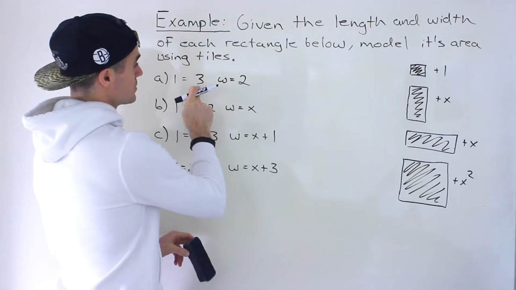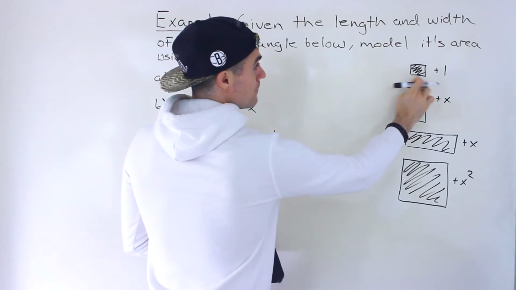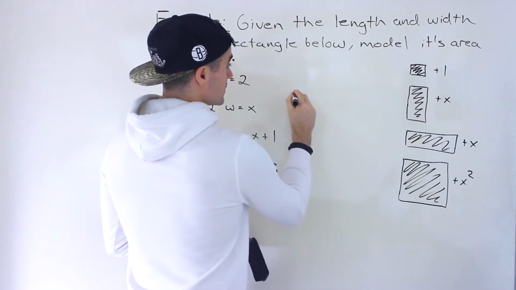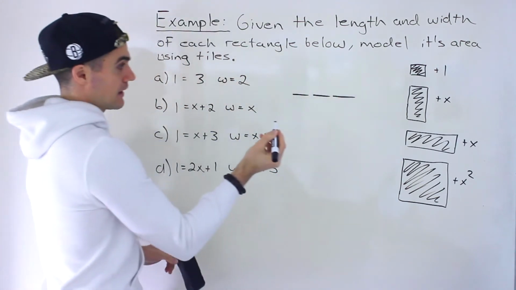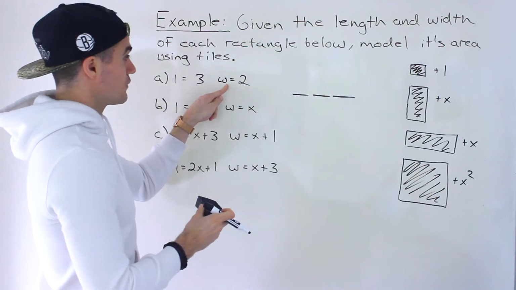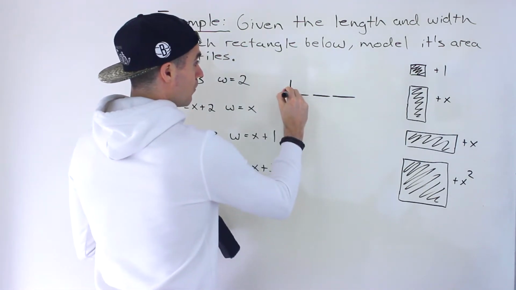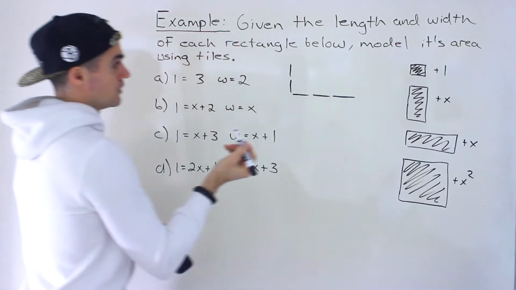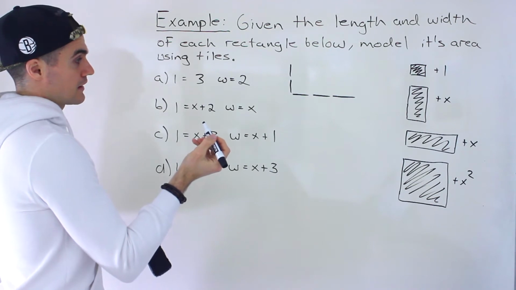And the way that you do this, so a length of 3, what you would do is just draw the base of this square 3 times. So you'd have 1, 2, 3, like that, right? For the length. And then the width of 2, that's also a number. You would just draw 1, 2 for the width, like that.